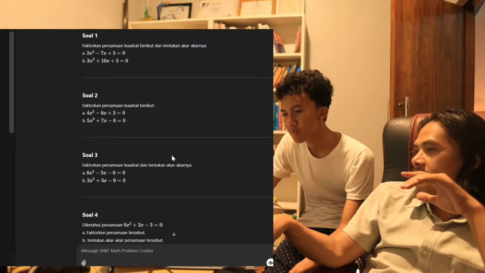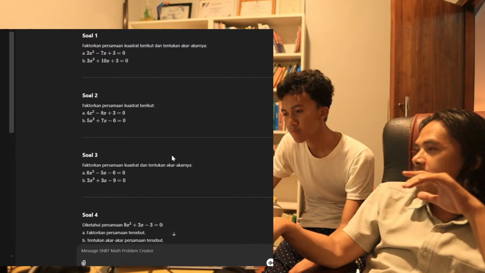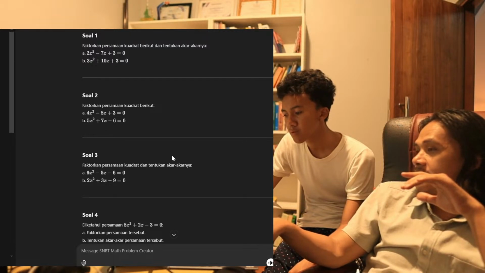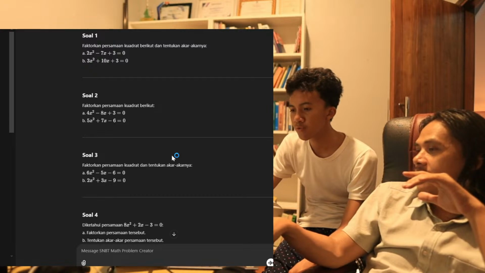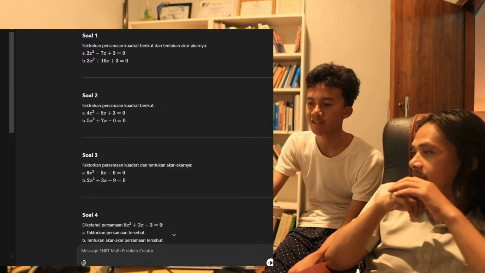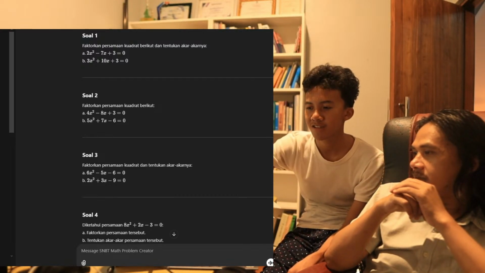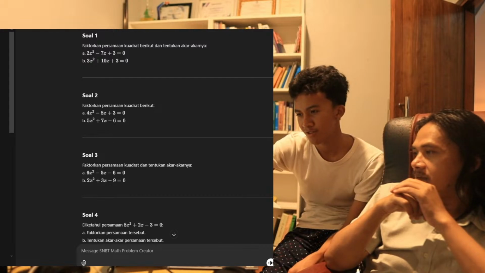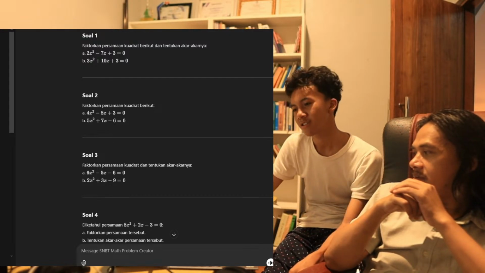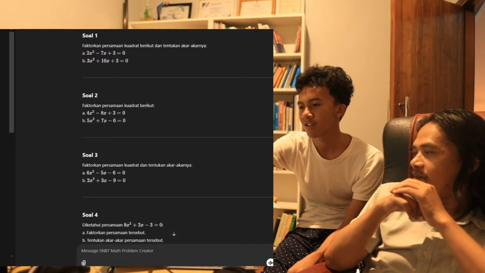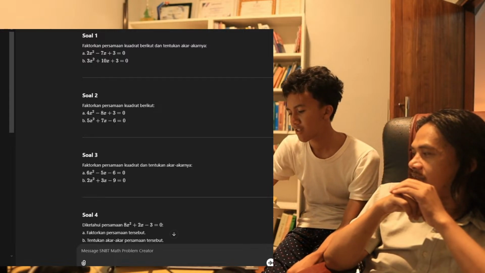When you have these two numbers, you replace the middle term with them. Oh no, there's no Y there. It's that one. Come on, can we just do that?